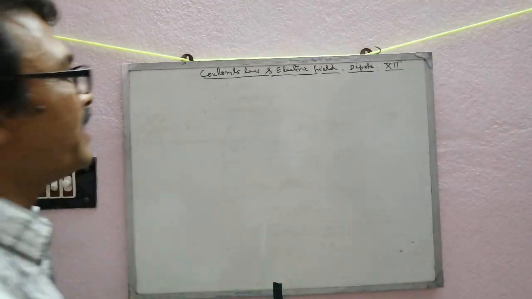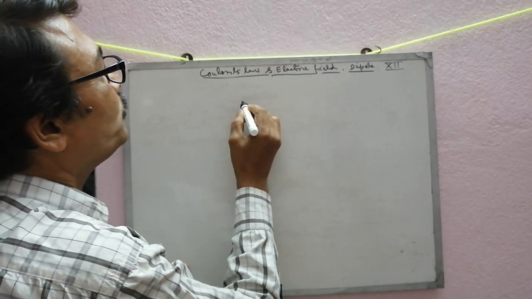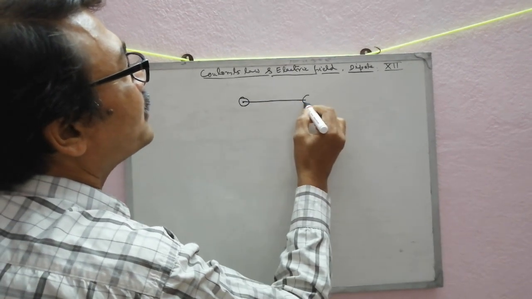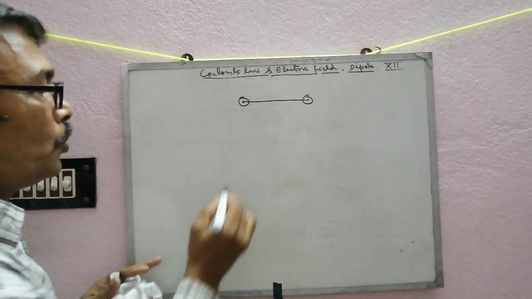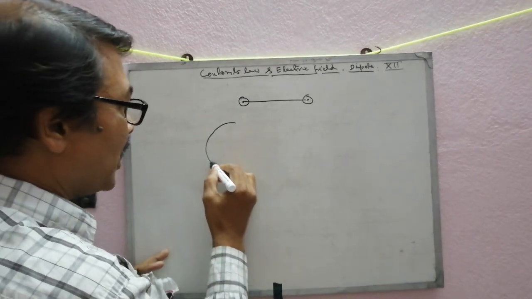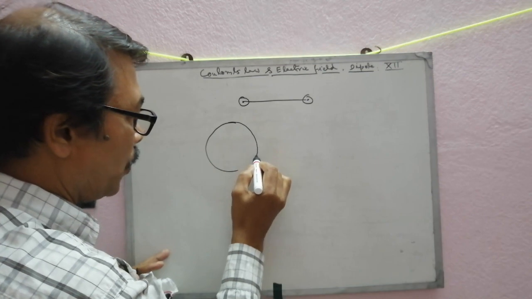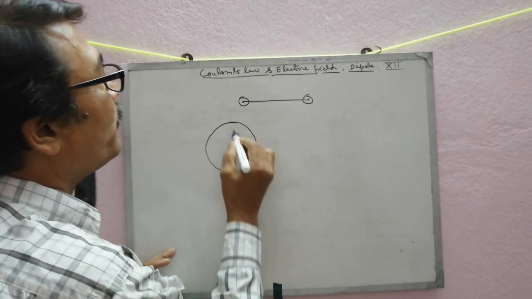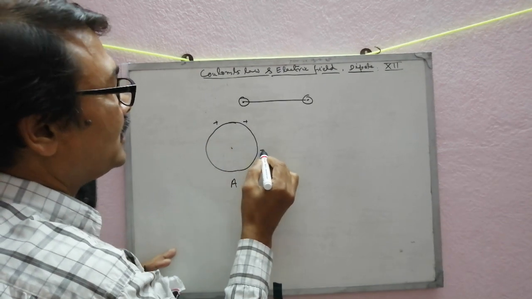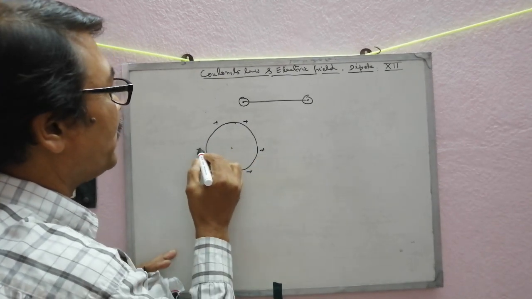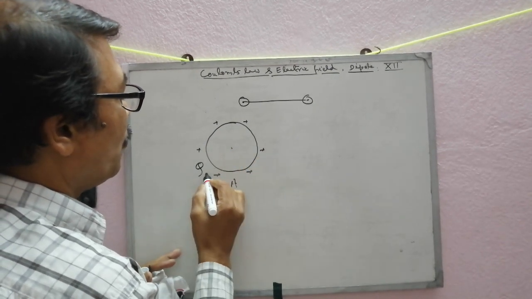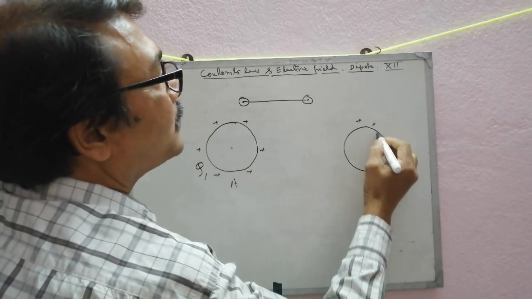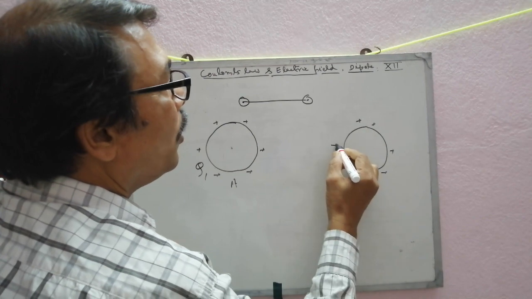At first, I mentioned that Coulomb's law is applicable for two point charges. For a distribution of charge, suppose two hollow spheres A and B, the charge of A is plus Q1, residing on the surface of the sphere, and another sphere has charge Q2, plus or minus.